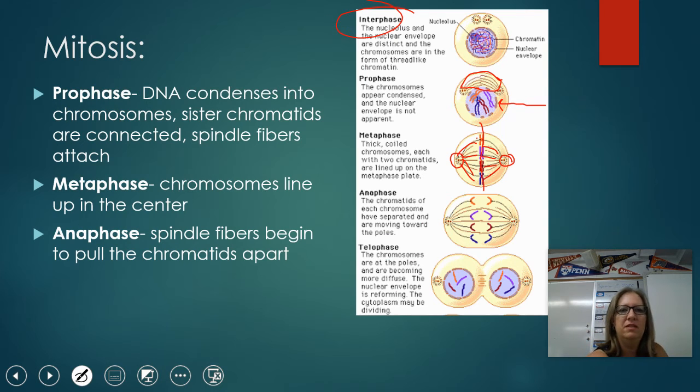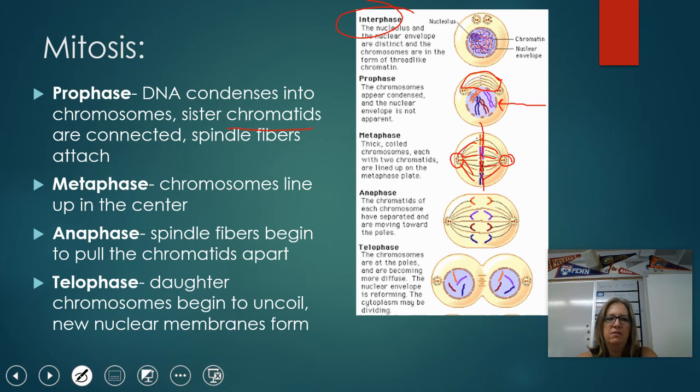Those sister chromatids from up here get pulled apart, and so each side of the cell now is going to have a chromatid, okay? And then finally, telophase is when the daughter chromosomes begin to uncoil, nuclear membrane starts to reform. We don't have two new cells yet, but we're almost there. It almost looks like this figure eight.